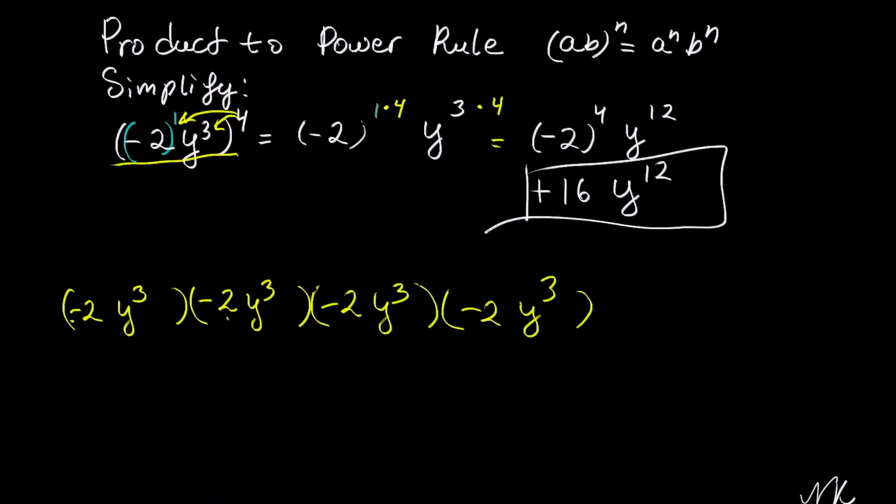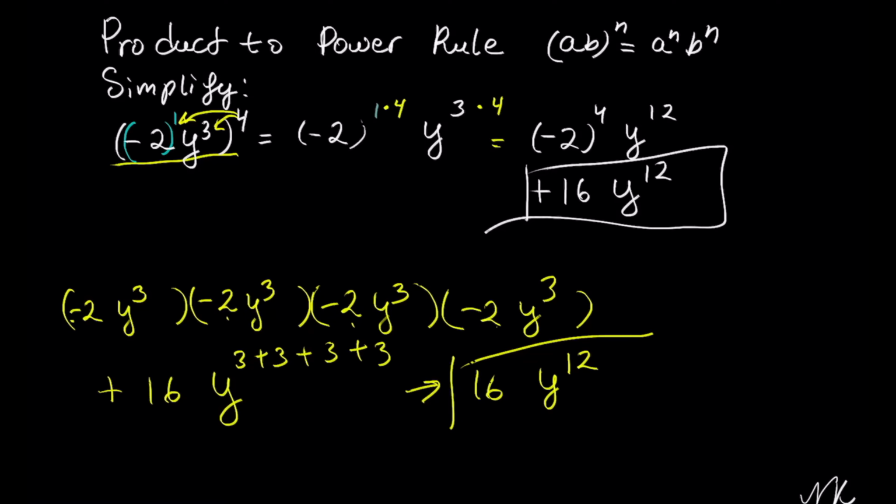Negative 2 times negative 2 we get positive 4, times negative 2 we get negative 8, times negative 2 we get positive 16, y to the power of 3 plus 3 plus 3 plus 3, and we get 16y to the 12th. So we got the same solution writing it out the long way.